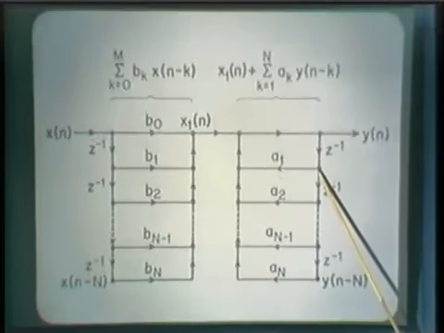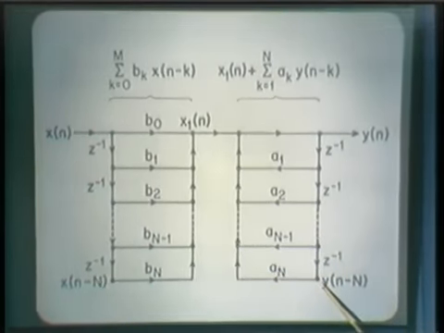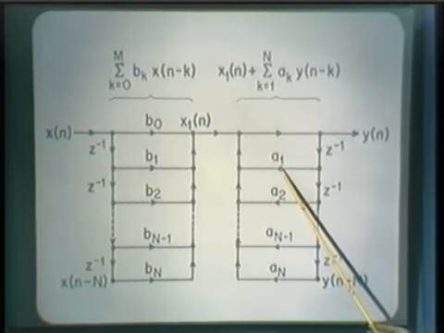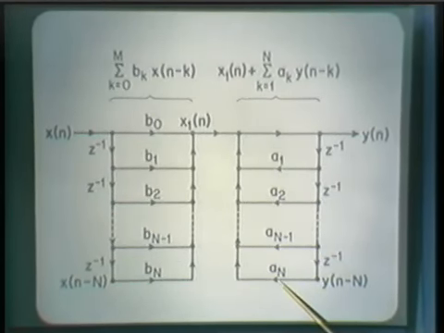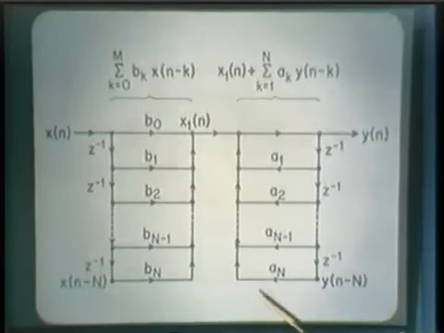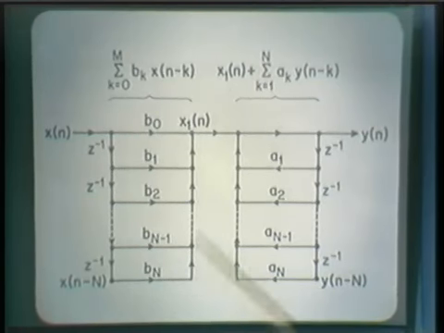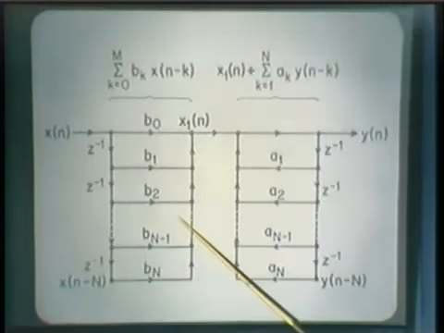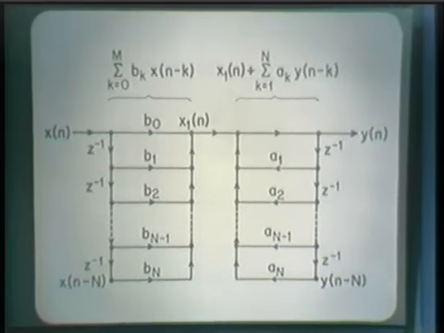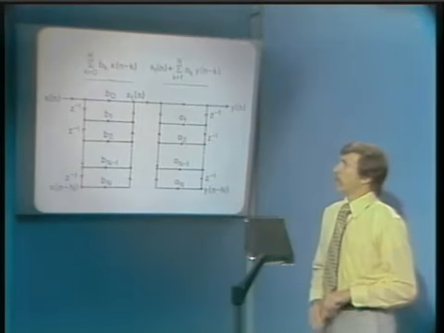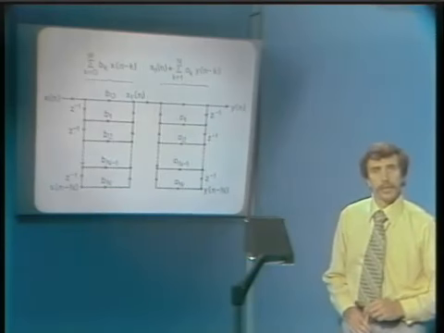So here is y of n minus 1, down through y of n minus capital N. We see the coefficients a1, a2 through a sub capital N. Clearly, in this implementation, this block corresponds to implementing the zeros of the system, and this block corresponds to implementing the poles of the system. So as we factored the transfer function into the zeros followed by the poles, we have this system implementing the zeros followed by this system implementing the poles. Well, this, of course, is one implementation of the difference equation.